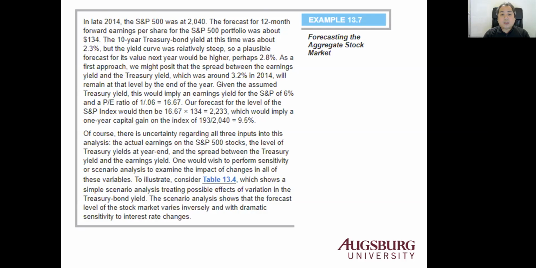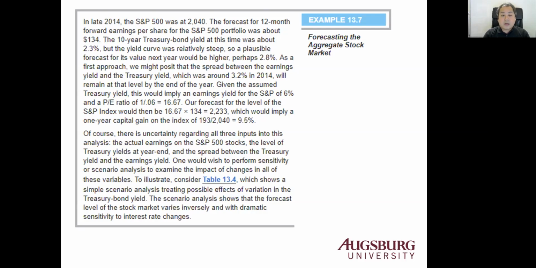Given the same Treasury yield, this would imply an earnings yield for the S&P 500 of 6%, or a P/E ratio of 1/0.06, so 16.67. The forecasted level of the S&P index would then be 16.67 times 134, which is the forecast for the earnings, so 2,233.